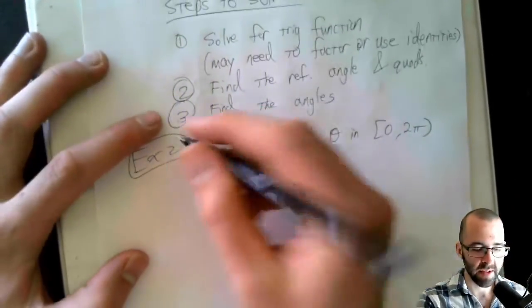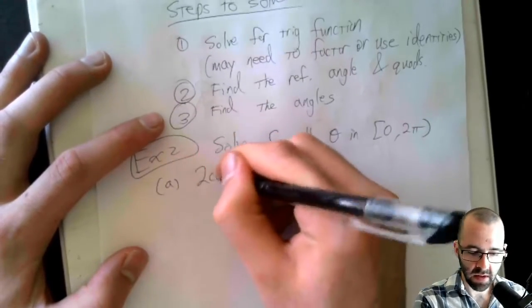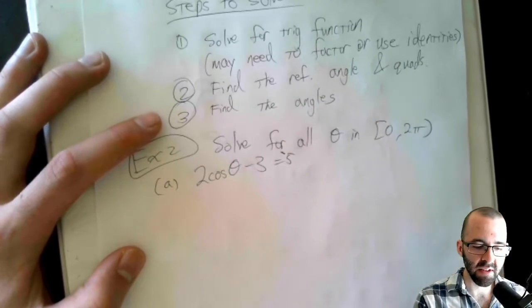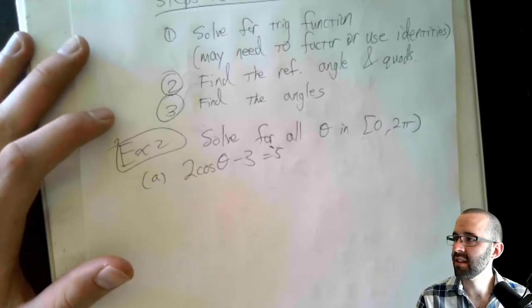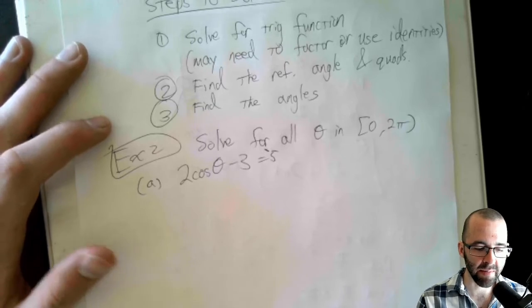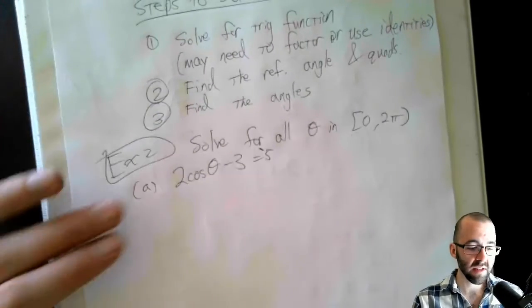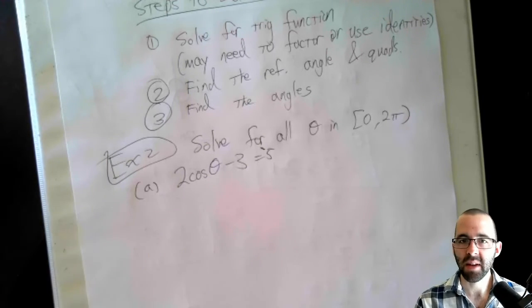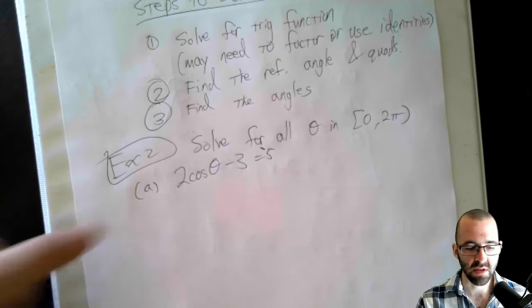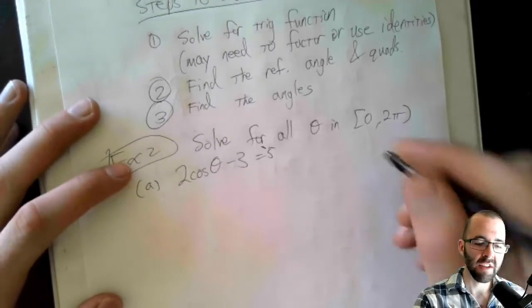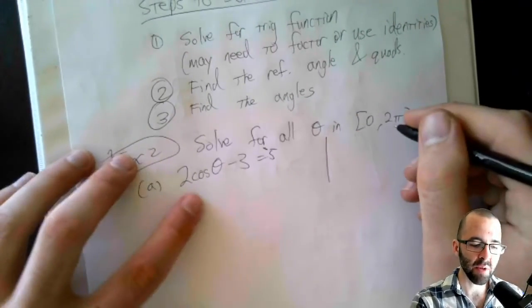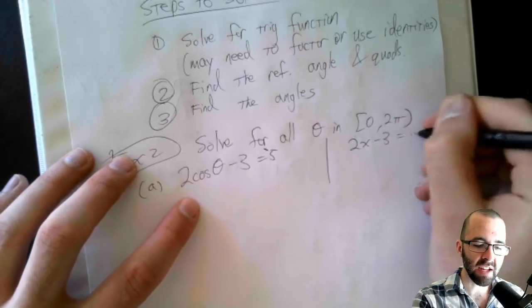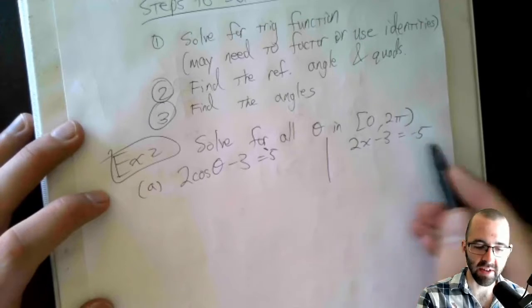So, let's do part A. 2 cosine theta minus 3 equals negative 5. Sorry, that negative kind of flipped up. And again, this one's pretty straightforward to solve for cosine of theta, but some of them are a little less straightforward. If you want to go off to the side and just replace the cosine of theta with an x, you can actually just solve it the same way you would solve a regular algebra equation.